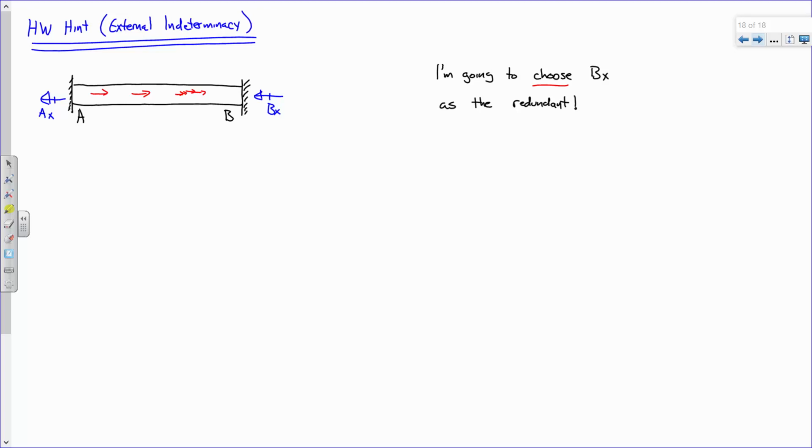I'm choosing BX as a redundant. I don't have to choose BX. I could choose AX. I could choose any one of my unknowns as a redundant, but I'm going to choose one of them. And I'm going to split this into two separate problems. I'm going to say that this equals this problem plus this problem.